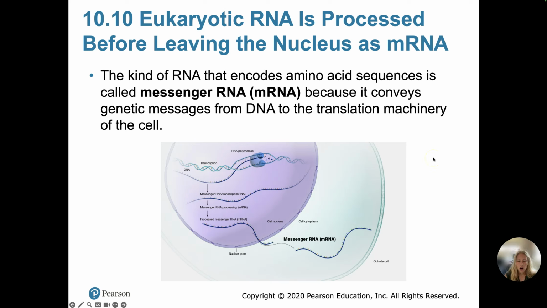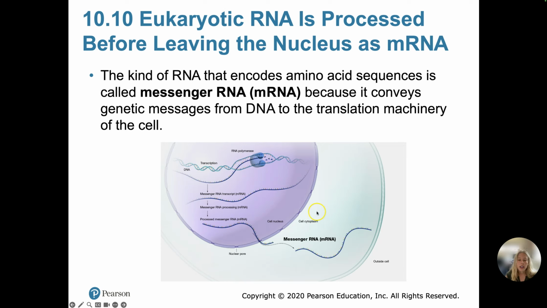Now we have our RNA that has been produced. That eukaryotic RNA is processed before leaving the nucleus as mRNA or messenger RNA. So the kind of RNA that encodes amino acid sequences is called messenger RNA or mRNA. You'll hear me refer to it too, because it conveys genetic messages from DNA to the translation machinery of the cell.